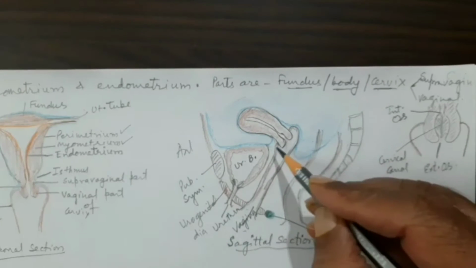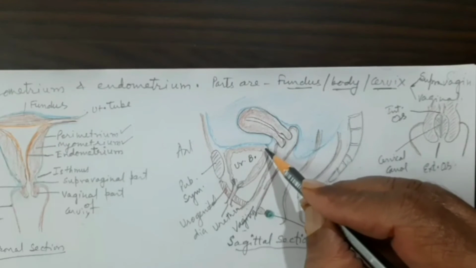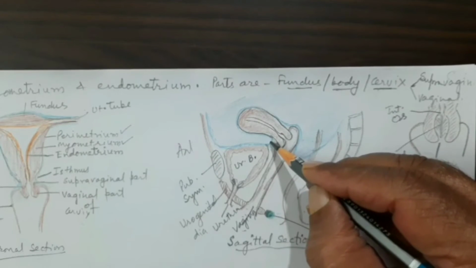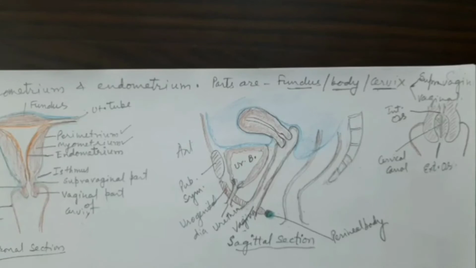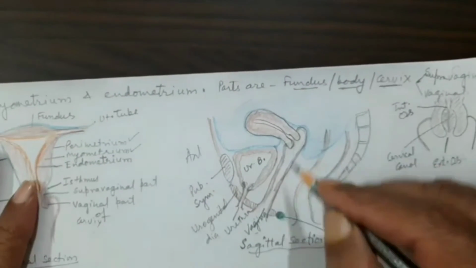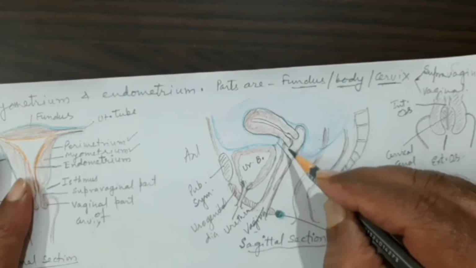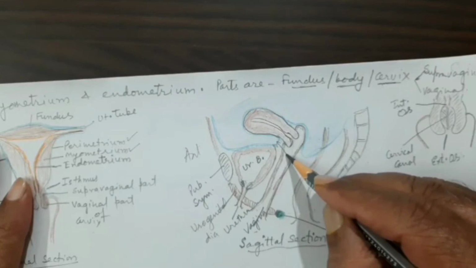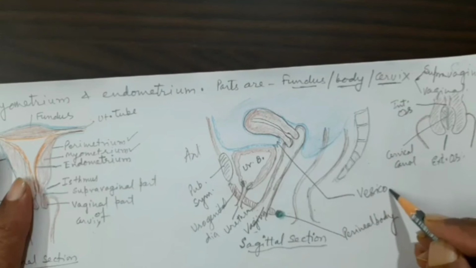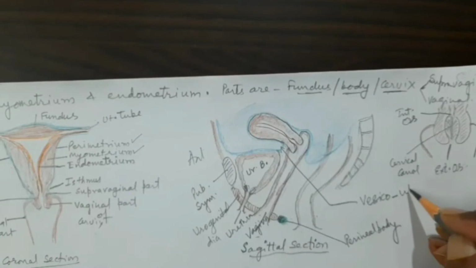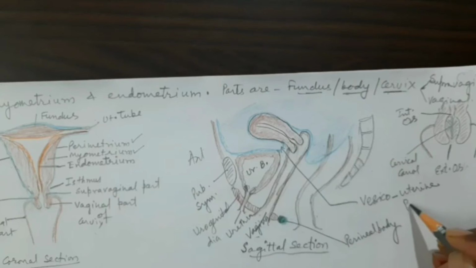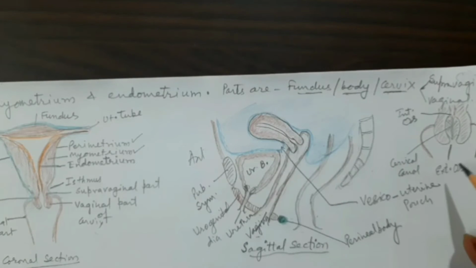One is the smaller pouch between the urinary bladder and the uterus, called the vesico-uterine pouch. Vesico means urinary bladder, and between the urinary bladder and uterus it is the vesico-uterine pouch.